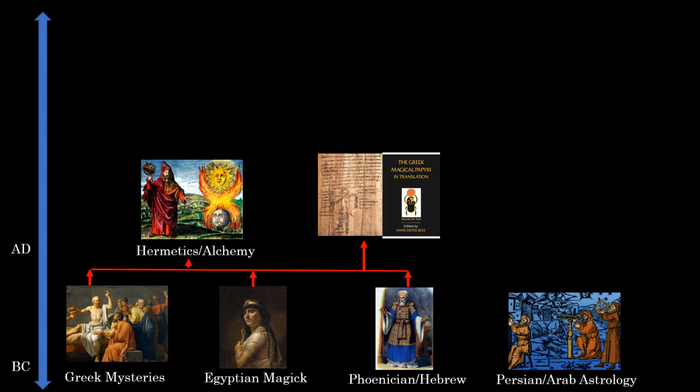Again, from Alexandria we also have the evolution of this culture into what we call Hermetics and alchemy. Alchemy is basically the practical part of Hermetics. By Hermetics, we mean mainly the Corpus Hermeticum, which is attributed to the mythical figure of Hermes Trismegistus, corresponding to the Egyptian god Thoth and the Greek god Hermes.